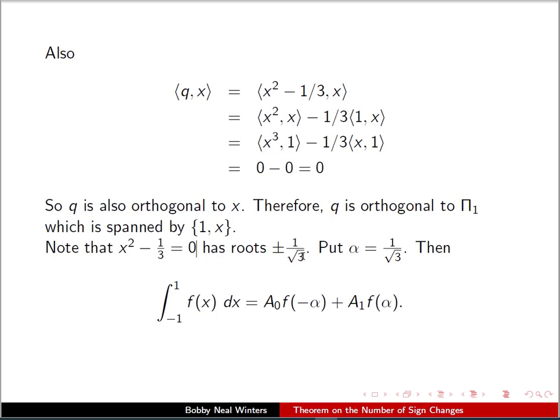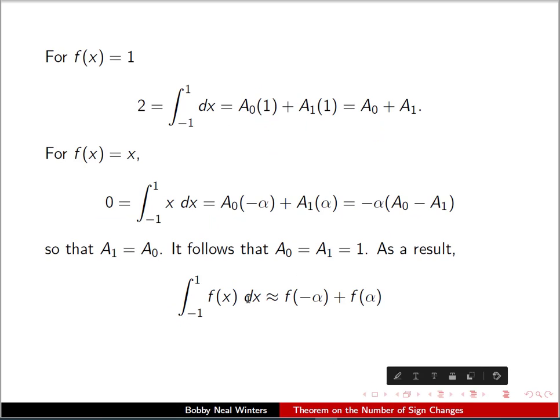So this polynomial q has roots plus or minus 1 over the square root of 3. Put alpha equal to 1 over the square root of 3. So therefore, going back to my Gaussian quadrature, I can just evaluate this integral by plugging in at this point and this point. Plug in at the roots. There you have it. How does this work out?